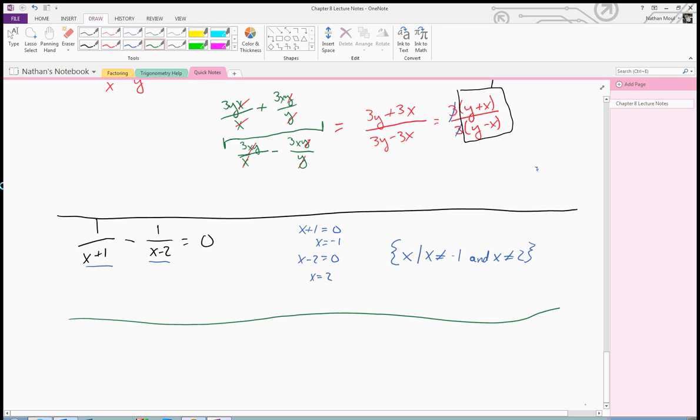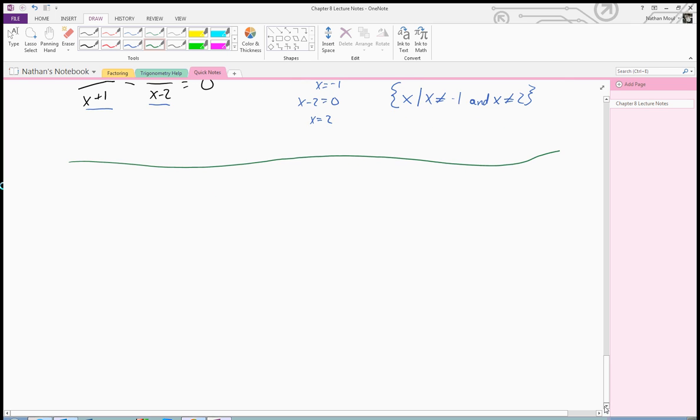And what I would ask on a test is, what would be proposed solutions for x that cannot be used in the domain? And simply you would take the denominator and set it equal to 0 in any case. So 1 over 3x plus 1 over 2x equals x over 3.